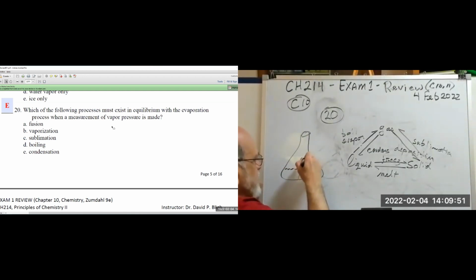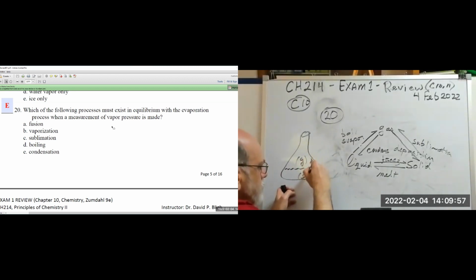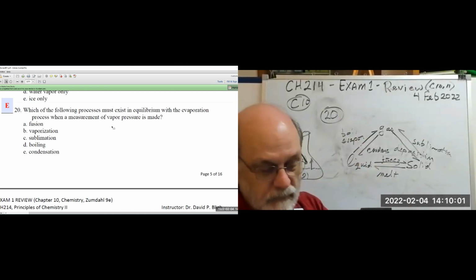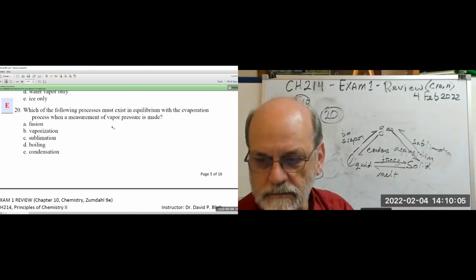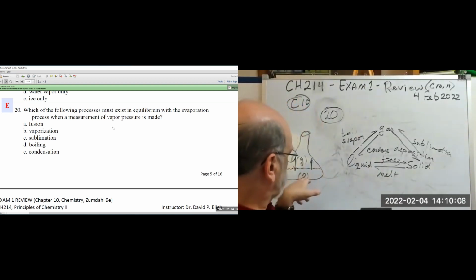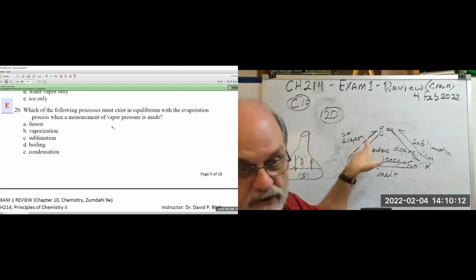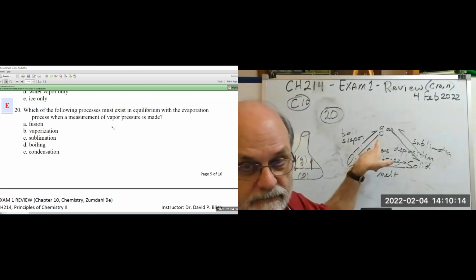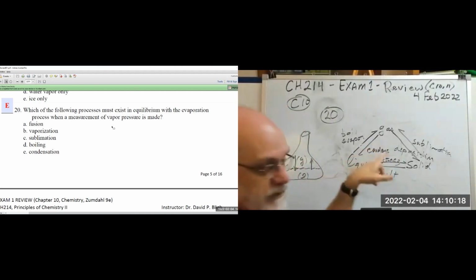And you got the gas up here, what's happening? Well, you've got molecules going this way, and you've got molecules going that way, backwards and forwards. So liquid to gas is evaporation or boiling. And gas to liquid is condensation.